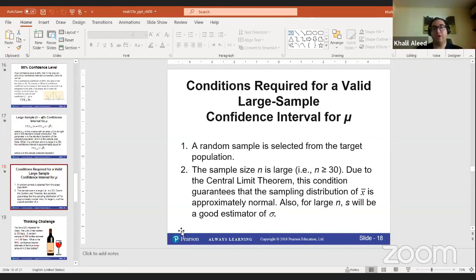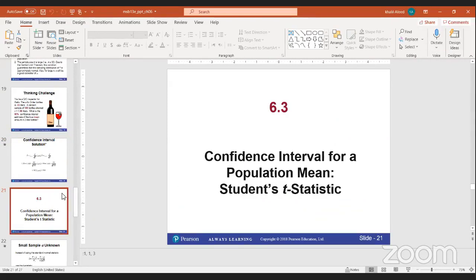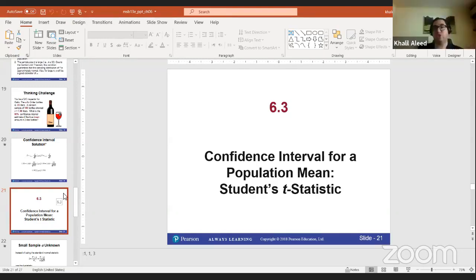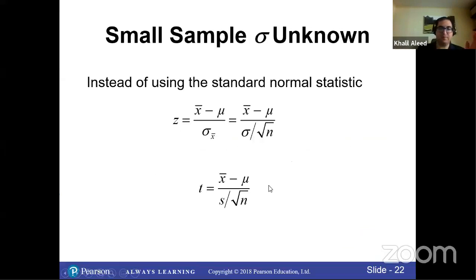Less than 30, we use T statistics, or student, which is exactly the same as Z, but it's used for small samples. T statistics is equivalent to Z, but used for small samples when we don't know the standard deviation of the population, meaning we're using the standard deviation of the sample.